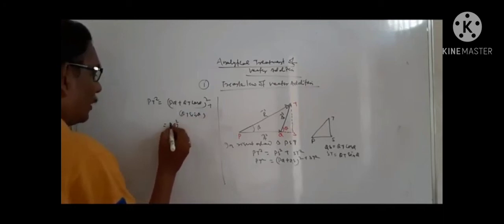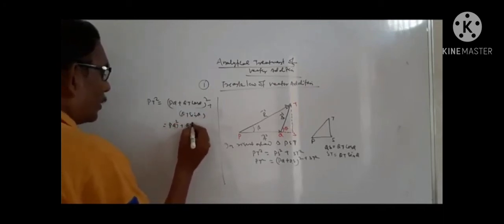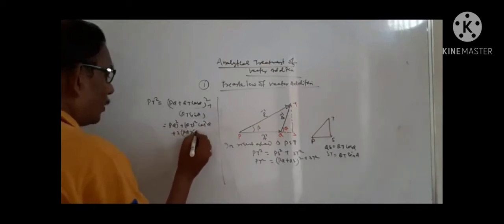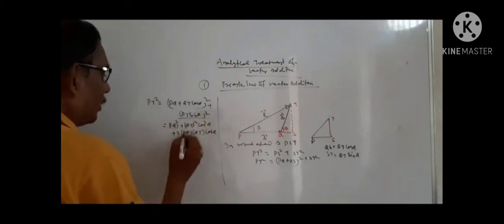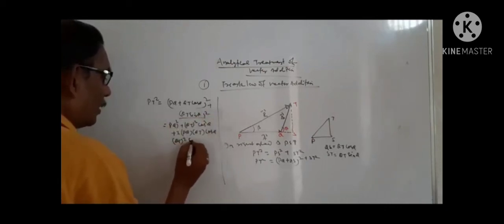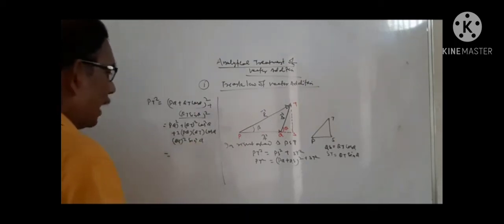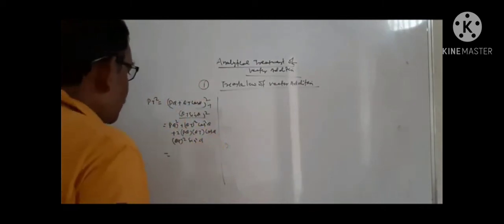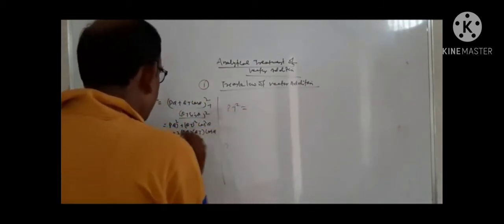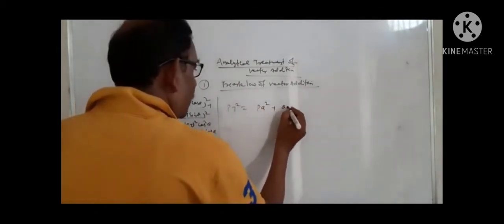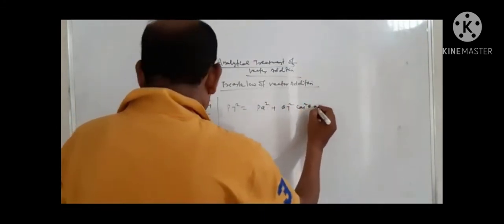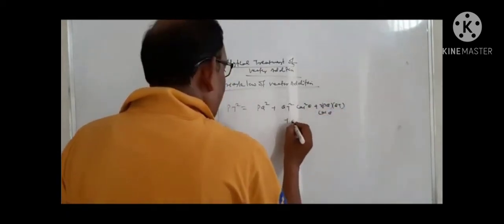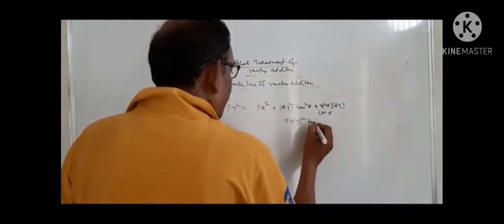It is PQ square plus QT square cos square theta plus 2 PQ QT cos theta, plus QT square sin square theta.